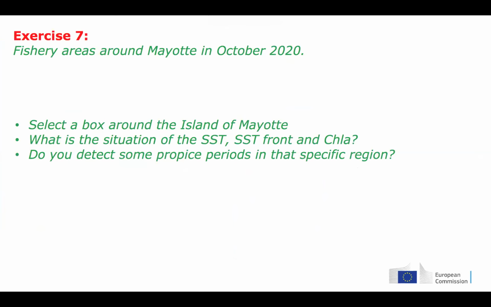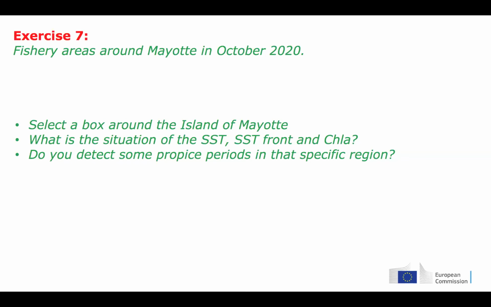Now we move to fishery. And the exercise now is to analyze the fishery areas. We're going to focus on the region of Mayotte in October 2020. So the exercise is to create a box around the island or somewhere, of course, in the water.